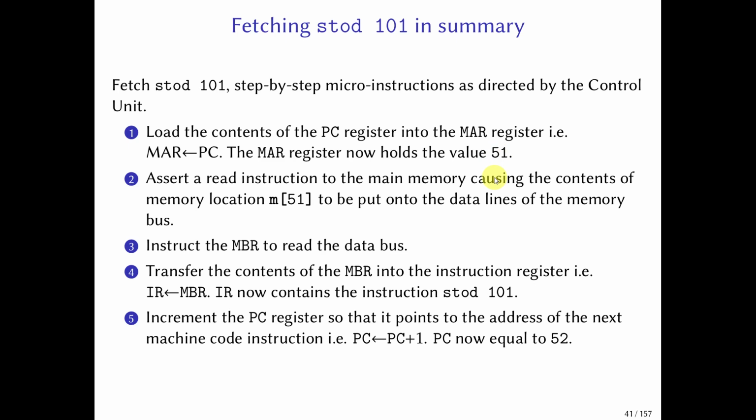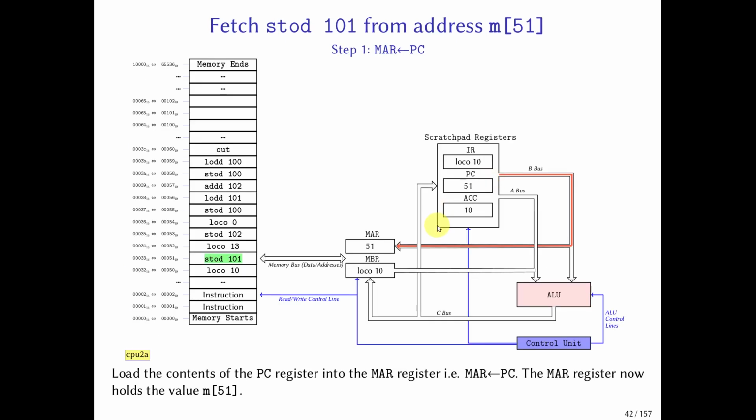So without any further delay, what I'll do is I will take you through frame by frame the fetching of the machine code instruction stod 101. So step number 1, we take the value that's in the PC register 51, which is the address of the cell which is to be fetched, decoded and executed. We copy that into the memory address register.